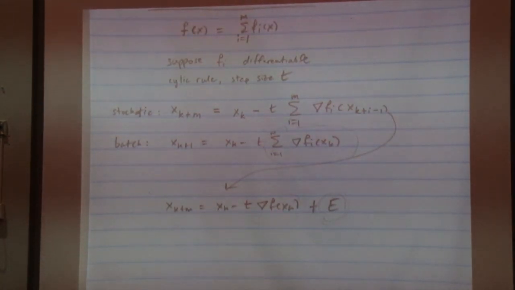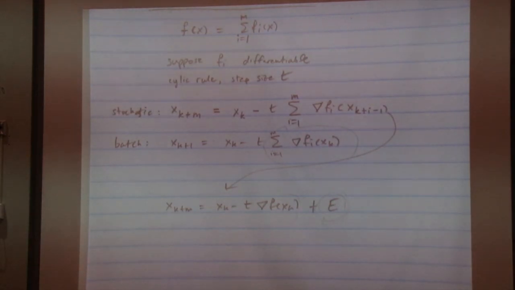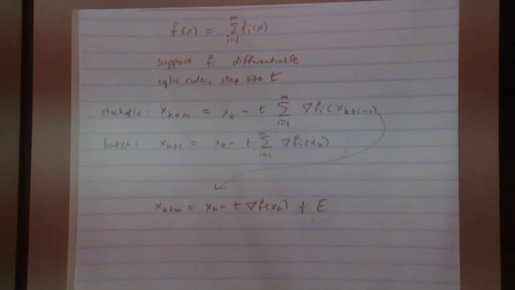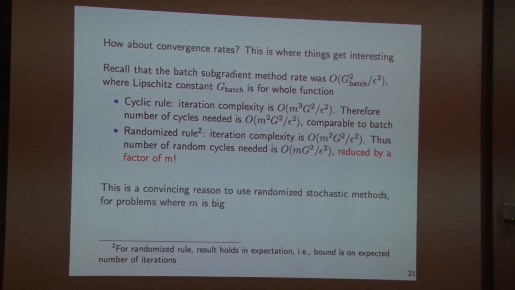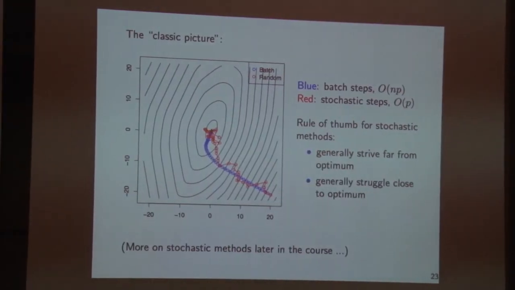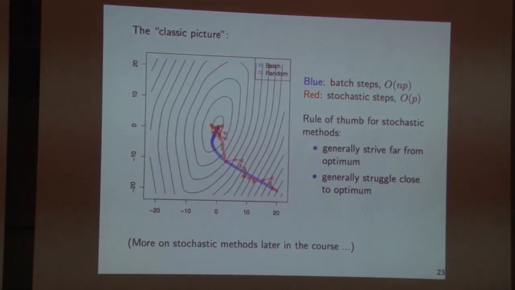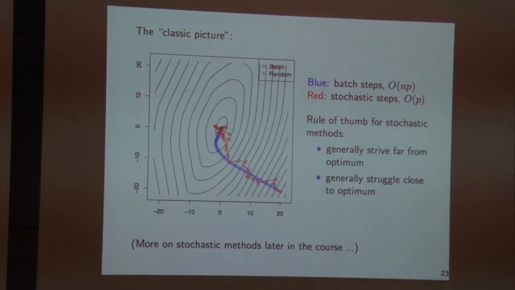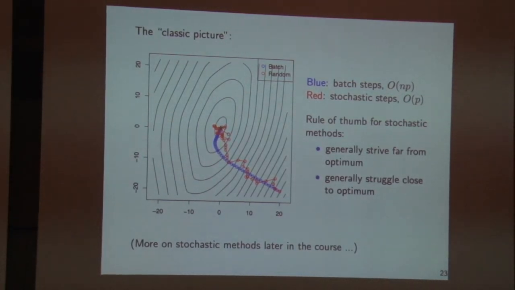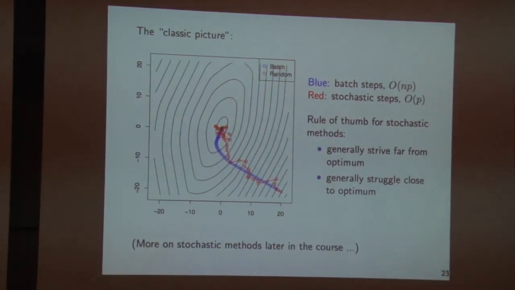Okay, I'm right at the end of time, so I'm just going to show you a picture, and we're going to come back to this at the start of the next class. Here's the takeaway point, and I'll give more detail next time. It's often much better to use the randomized rule than the cyclic rule. Why? Because the randomized rule actually makes more progress on average.